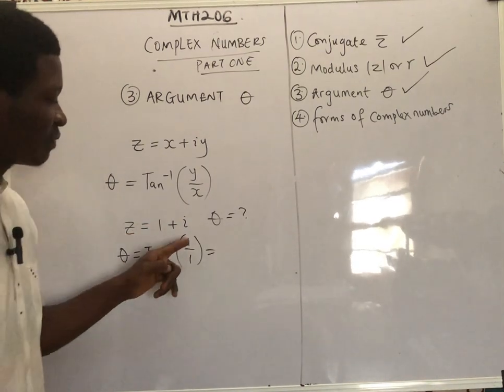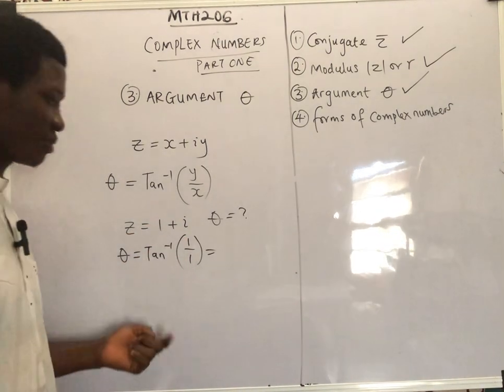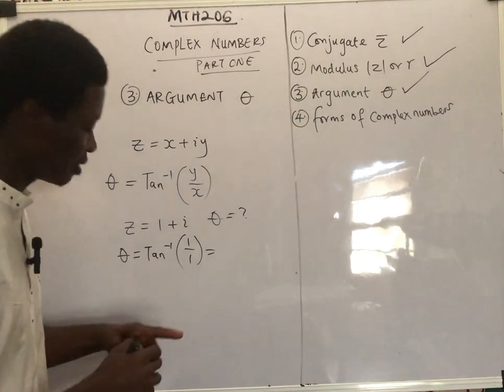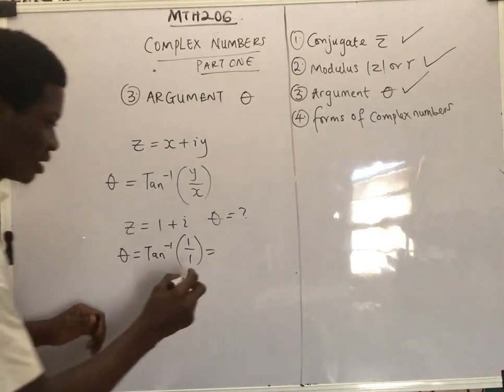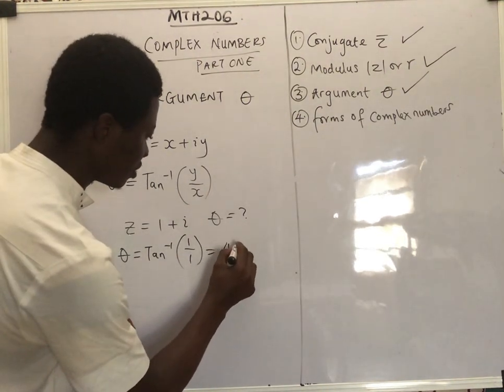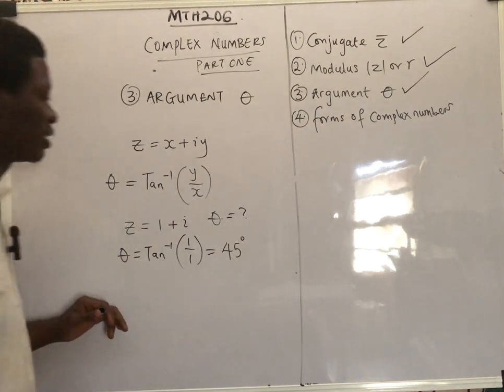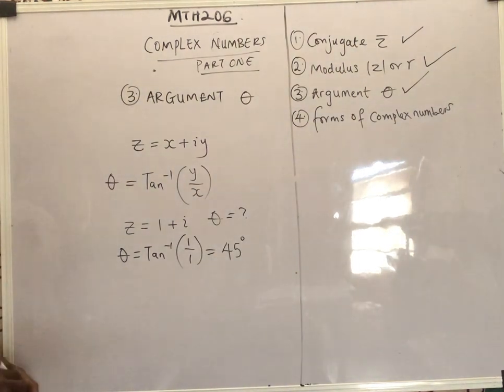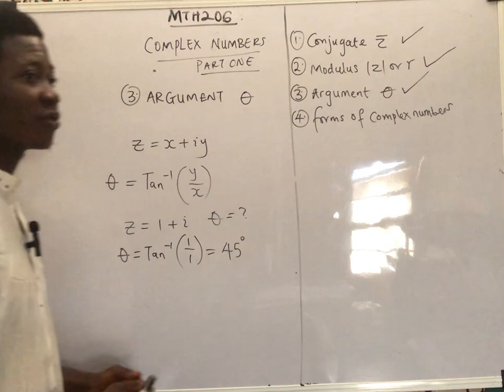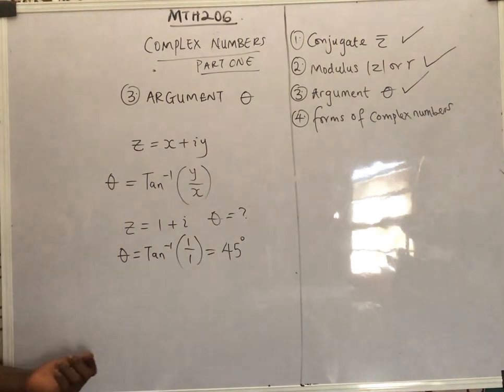And 1 divided by 1 is 1. What's the tan inverse of 1? In degrees, we have 45 degrees, isn't it? Because the tan inverse of 1 is 45 degrees.